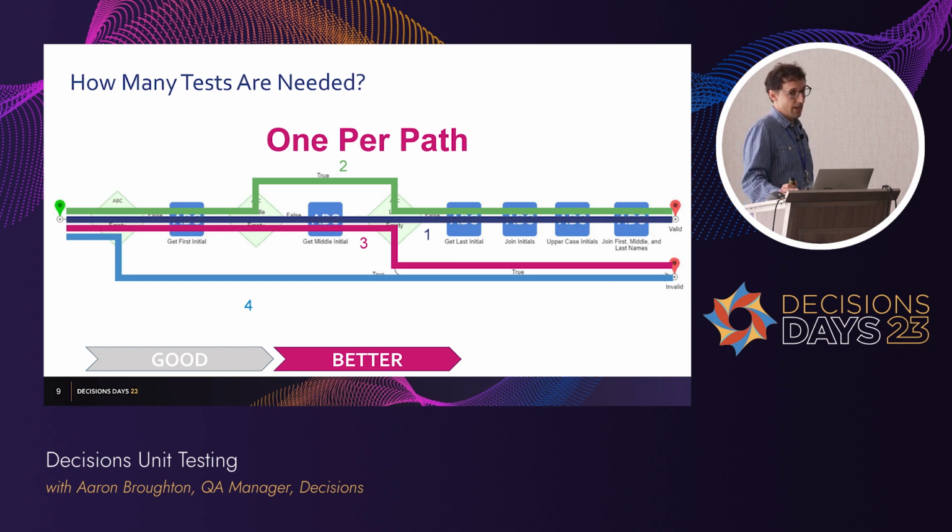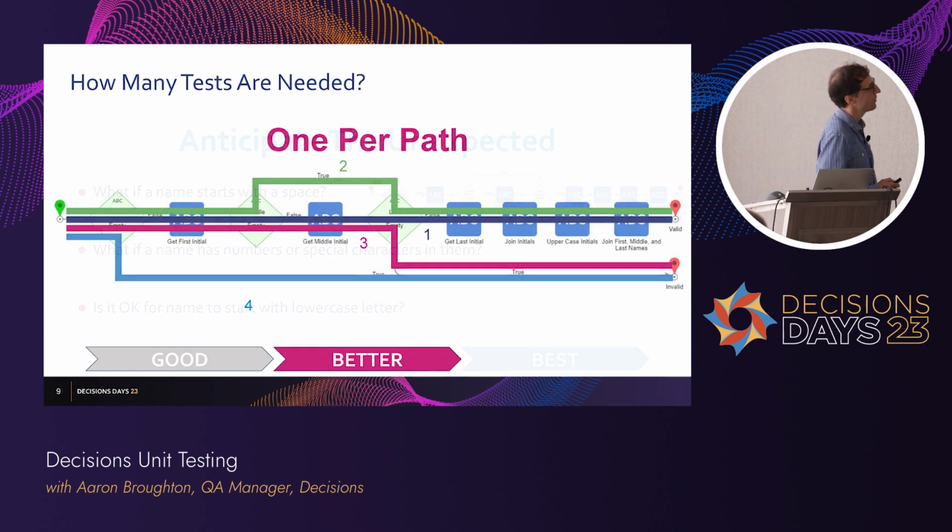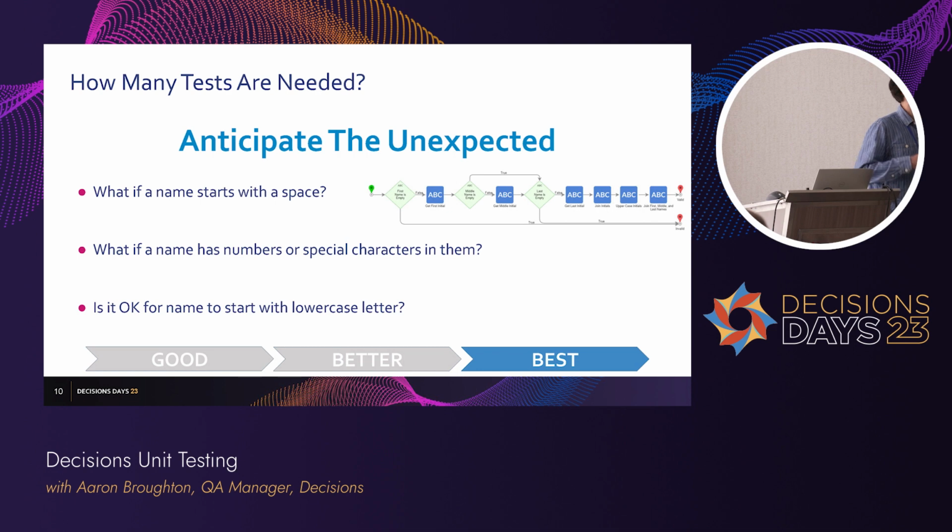Once you've achieved at least testing each path through your flow, you should work to take it to the next level. All right, we're going from good to better, and now we're going to look at the idea of best. And with this, I'm going to say that you should be anticipating the unexpected, all right?